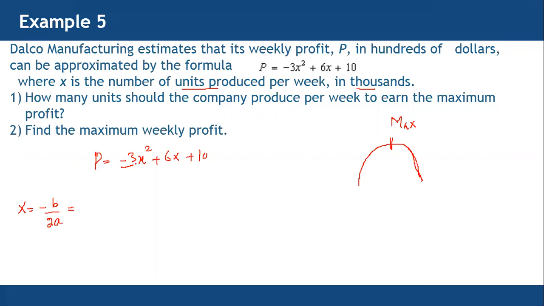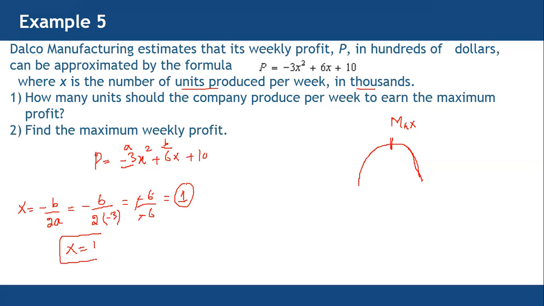What are a and b? a is the coefficient of x square, and b is the coefficient of x. So we have minus 6, b is 6, divided by 2 multiplied with a, where a is minus 3. This means minus 6 divided by minus 6 is equal to 1. So x is equal to what?